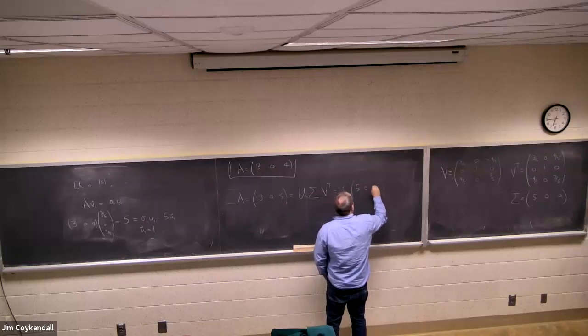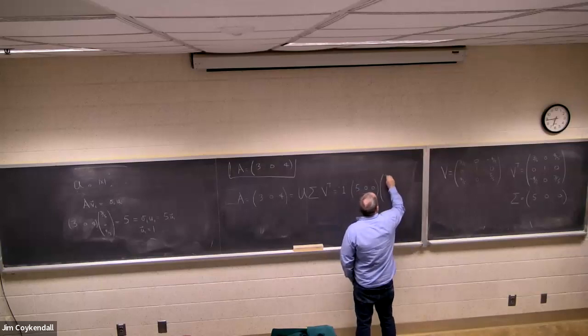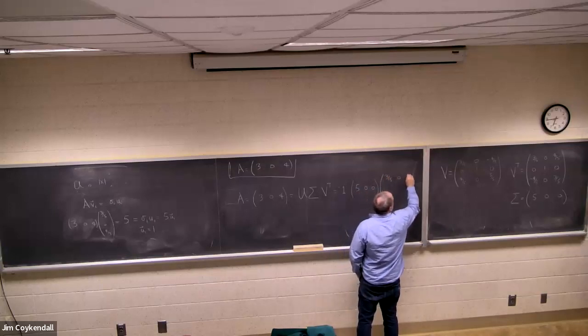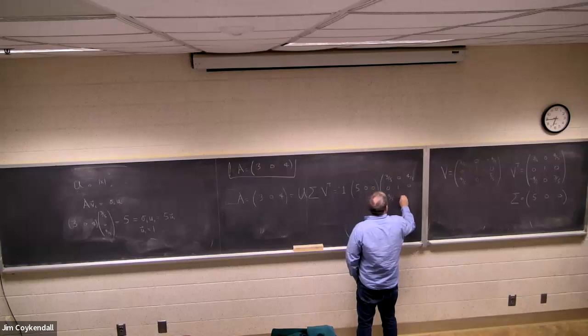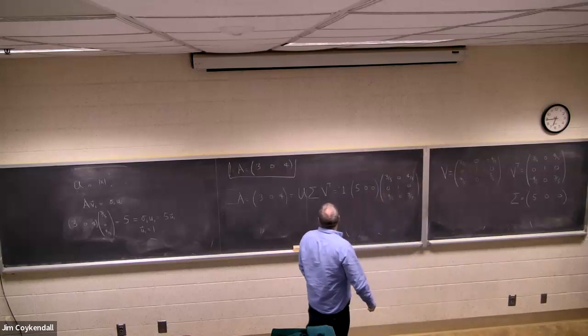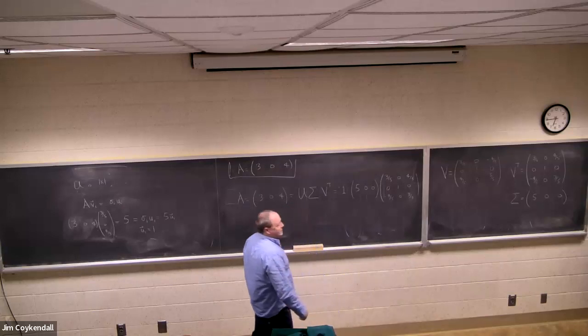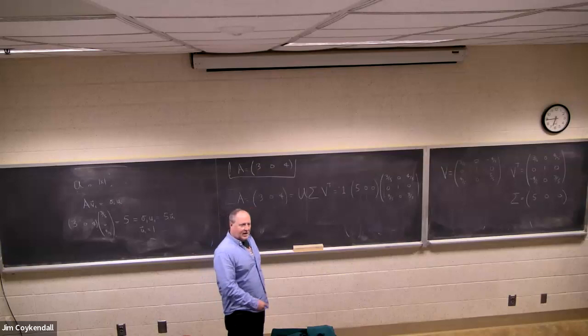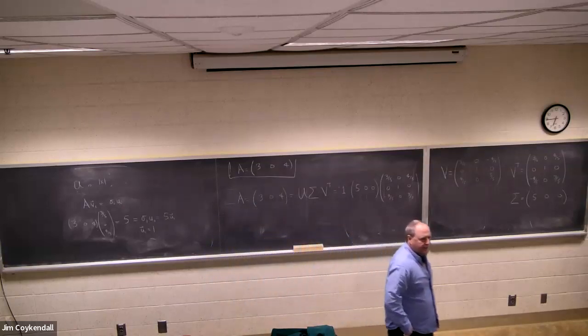Sigma is 5 0 0, times V transpose: 3/5 0 4/5, 0 1 0, minus 4/5 0 3/5. Let's see, it's going to be 3 0 4. Perfect. Seems like a lot of rigmarole to go through to get this, right? But there you have it.